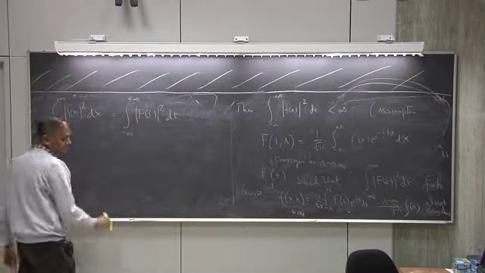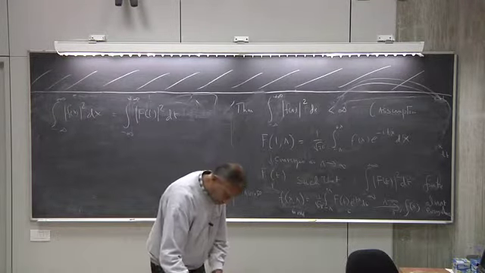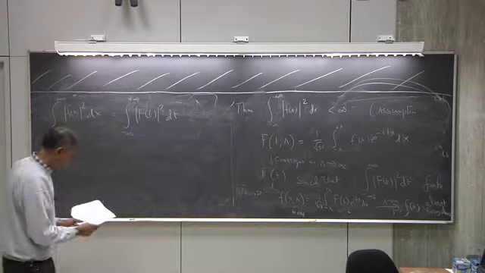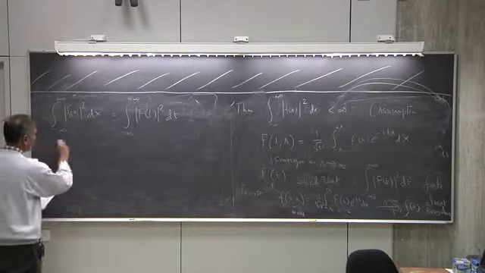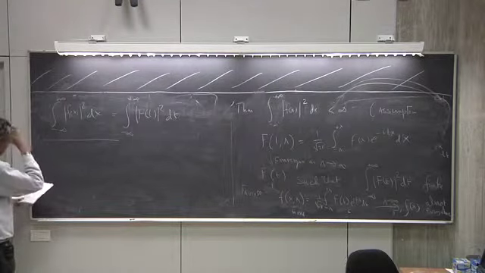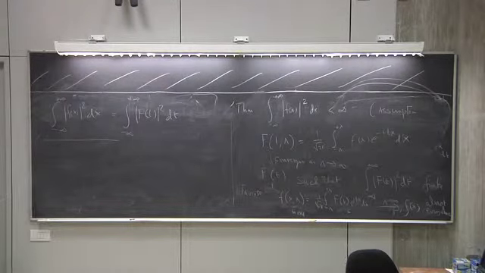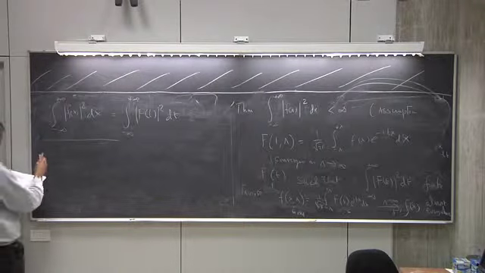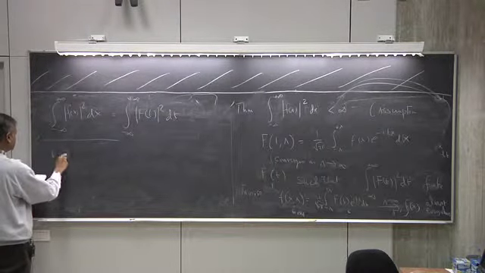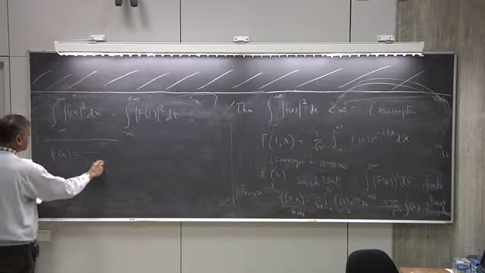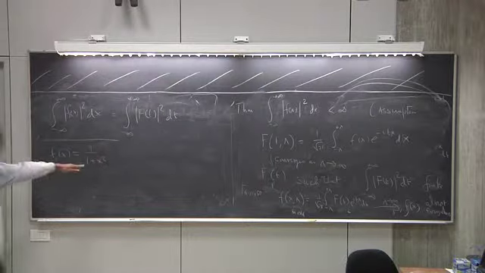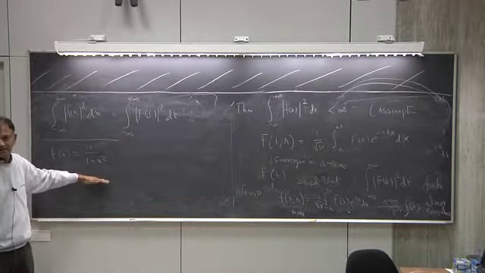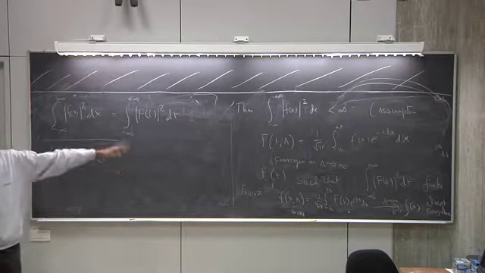So let's consider some examples again. This we have already done, and I think maybe it was even one of the problems in the exam. I'm not sure. So consider f of x is 1 over 1 plus x squared. This is perfectly well behaved as x goes to infinity. It's not exponentially suppressed, but it's power law suppressed, which is enough for the integrals to make sense.